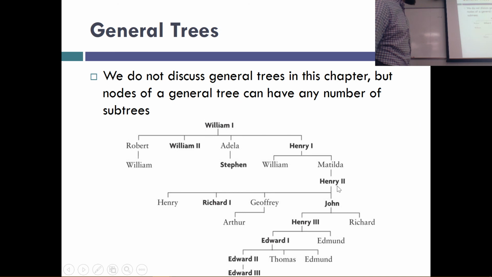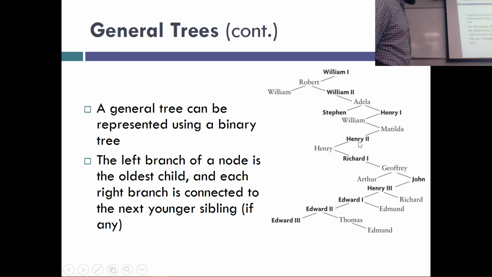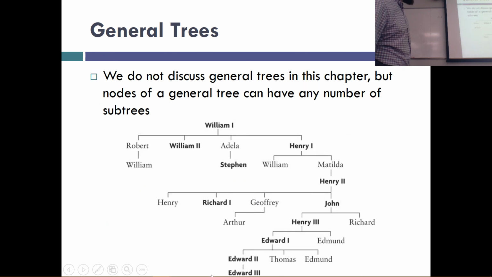There's Henry the Second, right? So his child, let's see, Henry the Second, right? His oldest child was Henry. His youngest child was, and this Henry had siblings Richard the First, Joffrey, and John. Right? So all we did was just kind of tilt the tree on its axis.